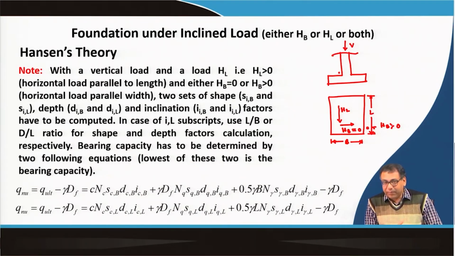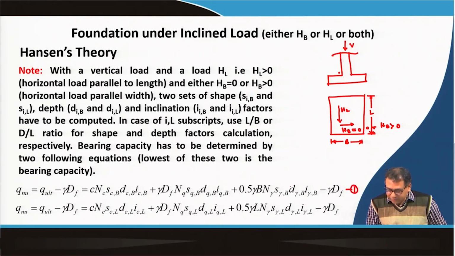These two sets we have to calculate if HL is present, whether HB is 0 or HL is there along with HB also. But if HL is 0 and you have only HB, then one set is sufficient, and that is your normal set that I discussed in the previous lectures. That means this is equation number 1.